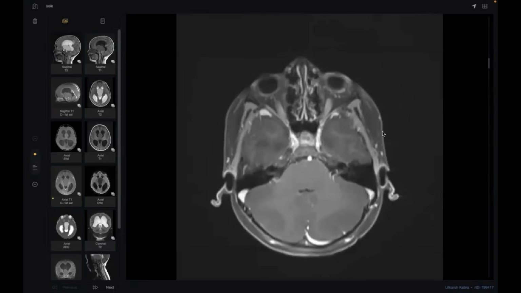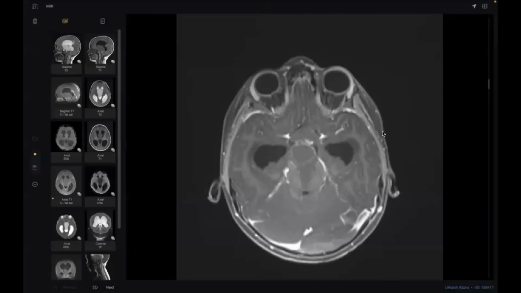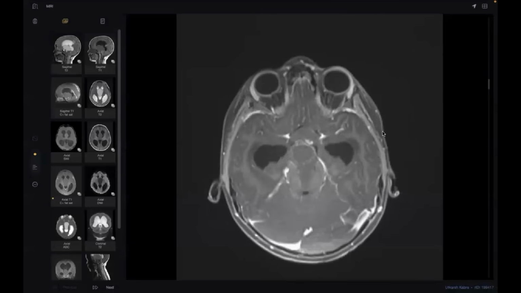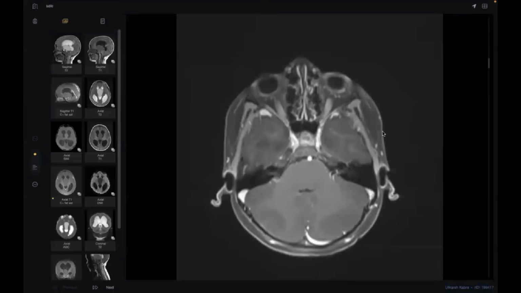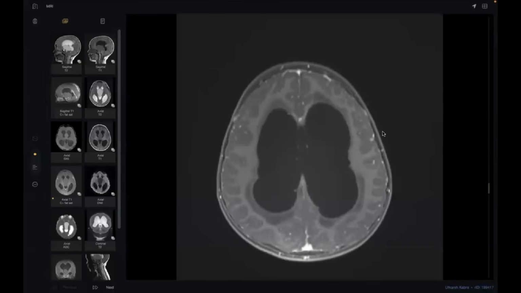In summary, the findings are of a suprasellar mass, predominantly cystic, with only septal enhancement. My differential in this case could be a craniopharyngioma, as the patient is 4 years old.